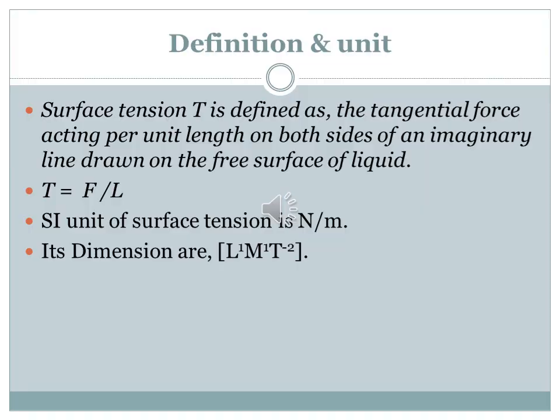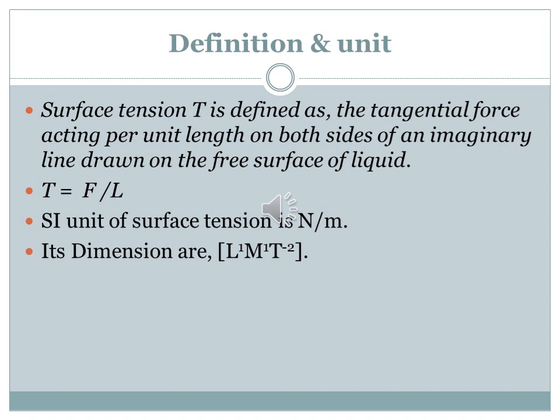Okay, let's move towards the definition and unit of surface tension. According to molecular theory, we have seen some phenomena related to surface tension. Now we are going to see the definition. Surface tension, denoted by capital T, is defined as the tangential force acting per unit length on both sides of an imaginary line drawn on the free surface of the liquid.